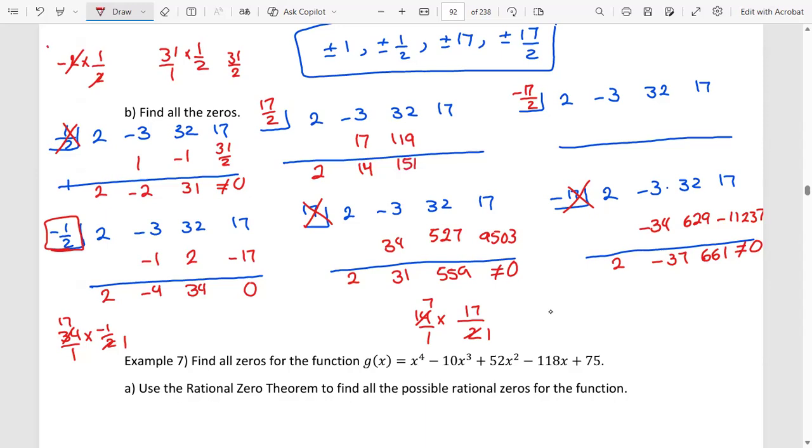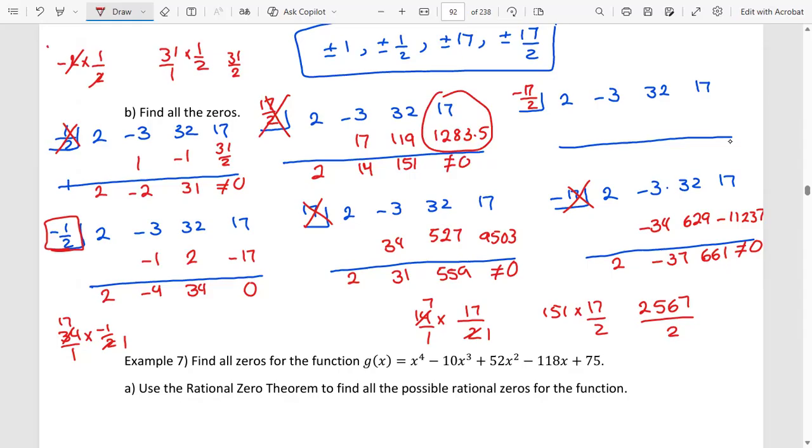Now 151 times 17 over 2, which is 2,567 divided by 2. This is 1,283.5, and for sure, adding these two numbers doesn't give me a 0.